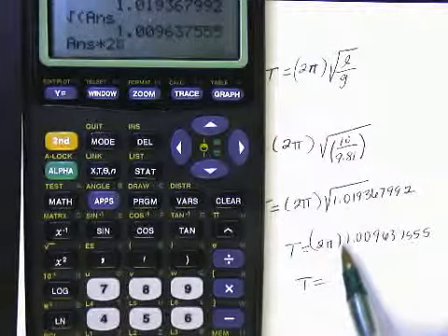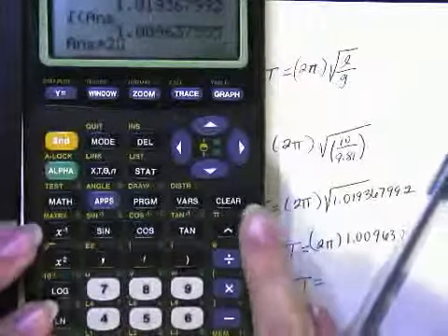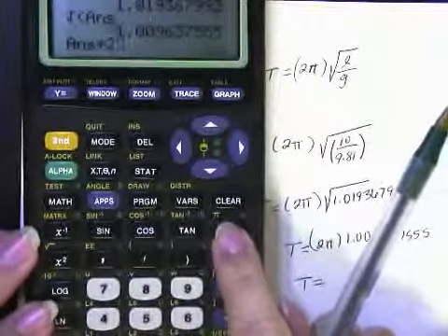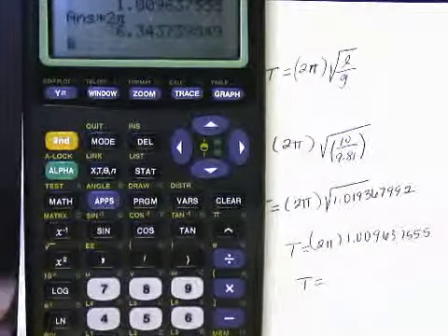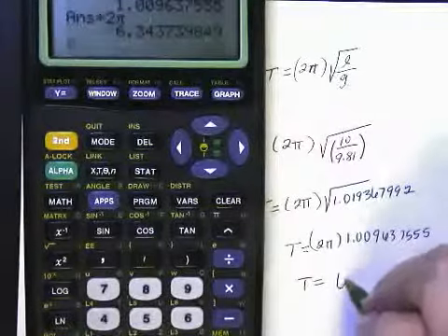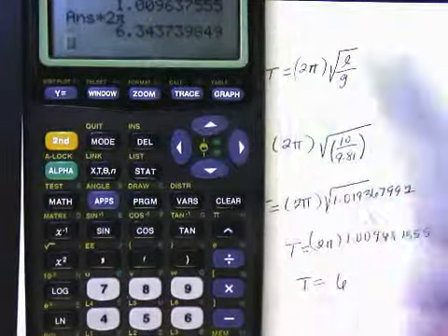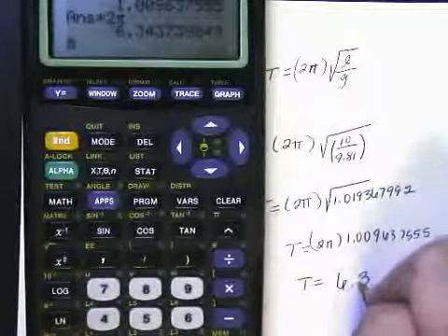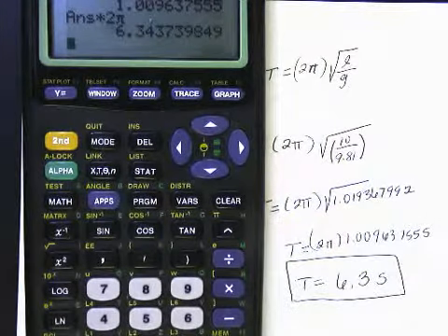To get pi onto the calculator screen, hit the second button and then the caret. Right above it, you'll notice in yellow there is a pi symbol, and then pi will show up on your screen. Hit enter, and it will give you the period, which is 6.3 seconds, because on Moodle you can round your final answers. And that's it.